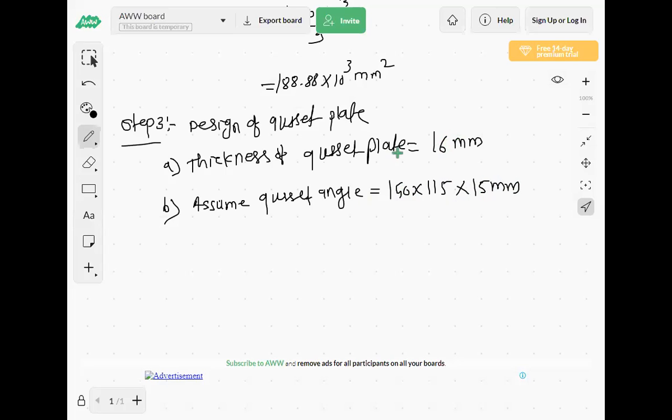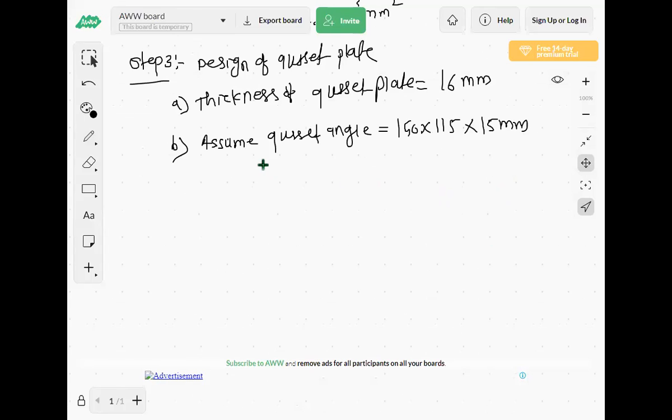Our third condition is that the thickness of gusset angle and thickness of plate should be same. But I think a 16 mm section is not available in the steel table, so here we can select from 12 to 15. So here 15 mm we have selected. Okay, this is the cleat angle we have selected now. So this is your step number 3.